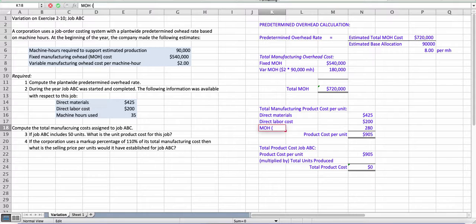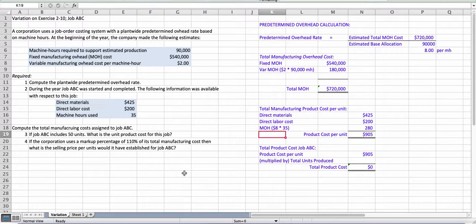Well, we need to take the 35, the actual machine hours, and multiply it by our $8 per unit, which is our predetermined overhead rate. So we'll take our $8, we'll multiply that by the actual number of machine hours, 35, and that's how we get the $280. So a cost per unit is $905.